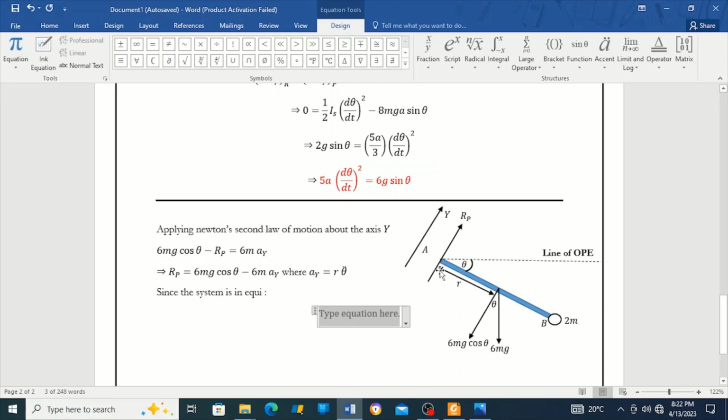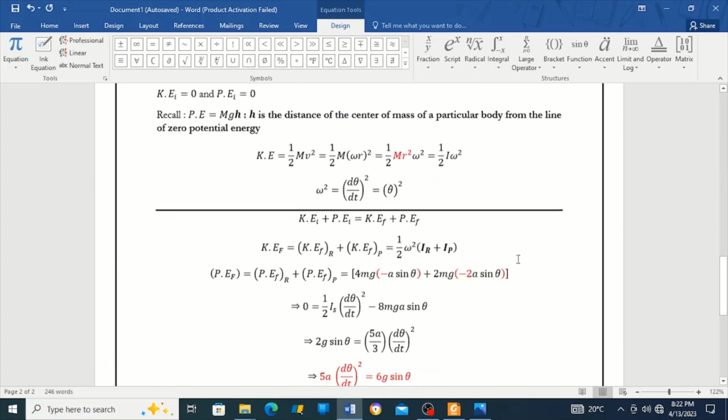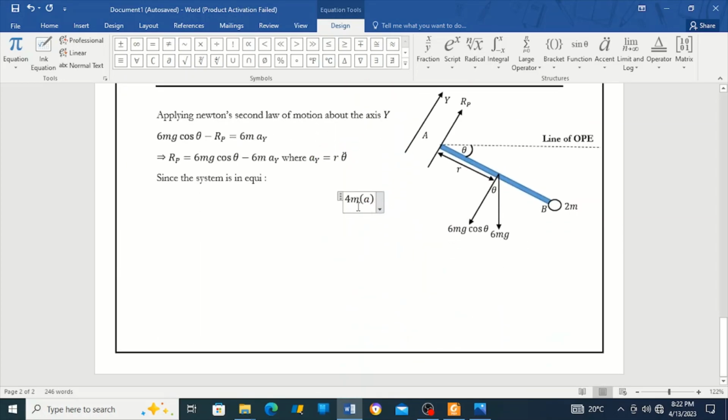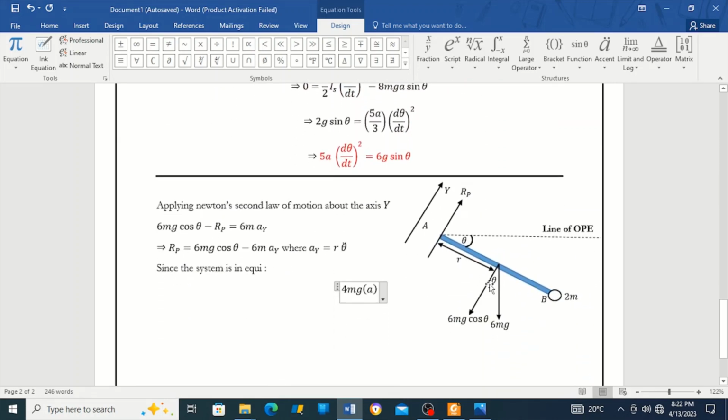The moment of the rod is the weight of the rod times its perpendicular distance from that axis, and the weight itself is 4mg.